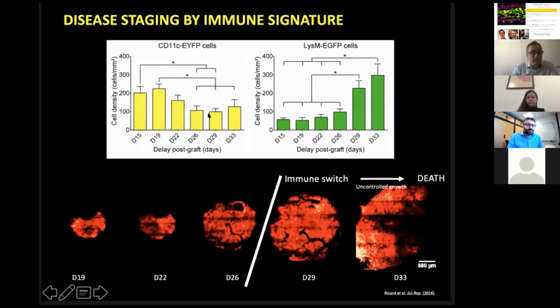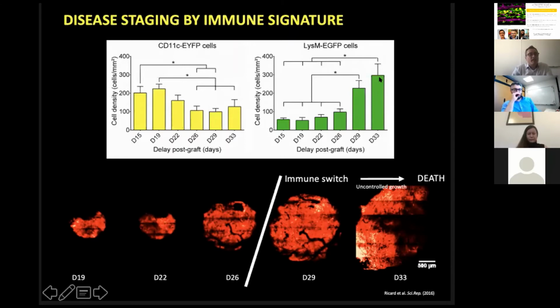And as you see, there is a decline. The decline that I presented earlier on a still image is indeed present, with a minimum around day 26, between day 26 and day 29. And interestingly enough, the density of green cells was instead increased between day 26 and day 29.